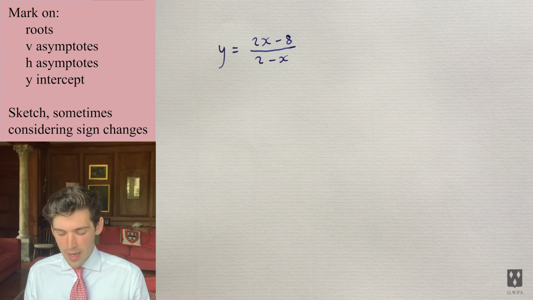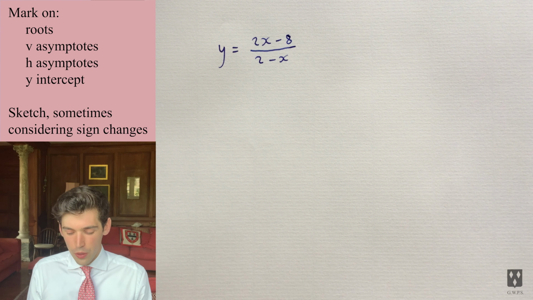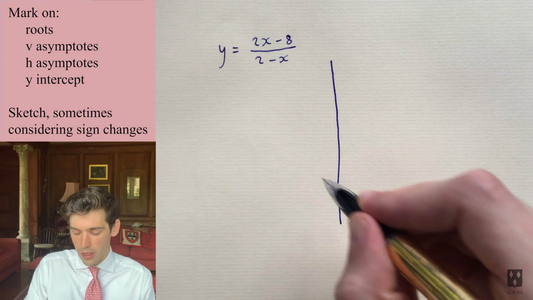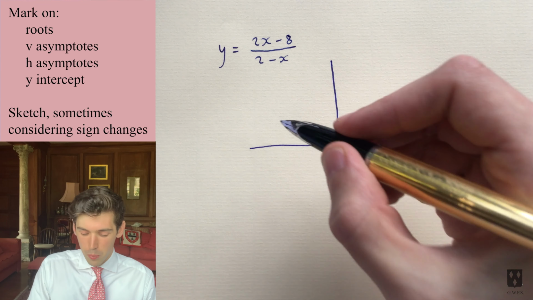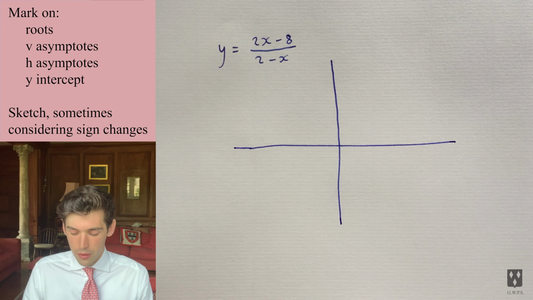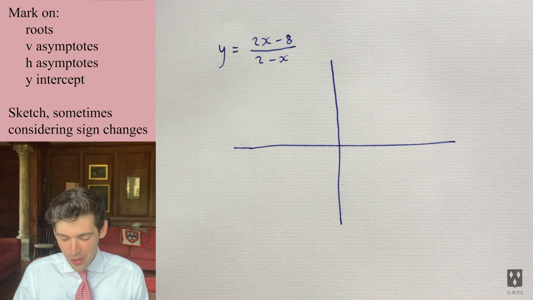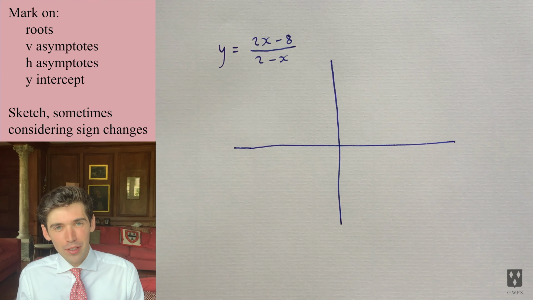Okay, here now we have 2x this time. So this is going to change things a little bit, but not too much. And do have a go yourself if you'd like. I think we've probably covered enough for you to do this, but if you want to watch, that's fine. Now, I'm almost forgetting what to do. Roots. Okay, so 2x minus 8, when does that equal 0?